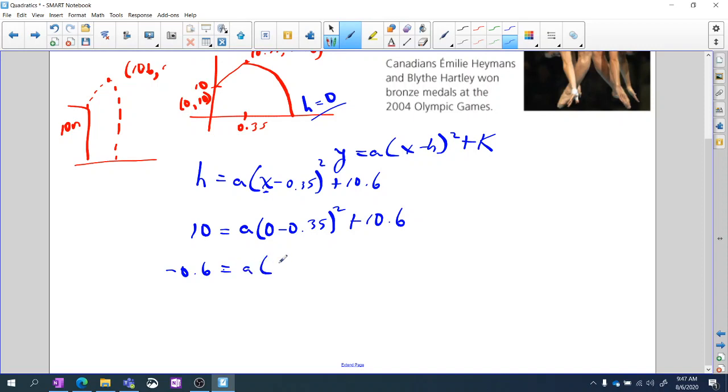I'm going to square 0.35. That gives me 0.1225. Divide both sides by that, 0.1225.